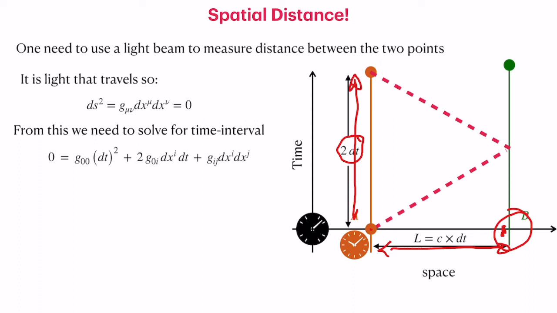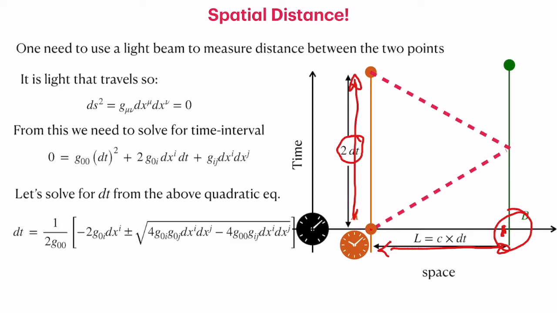Now we need to find dt, that is the time taken by the light. So we can solve this quadratic equation very easily. It is a well-known method. We get dt = 1/(2 g00) times [−2 g0i dx^i plus or minus the square root of 4 g0i g0j dx^i dx^j. Note how I have taken the square: I simply did not square g0i dx^i, as you would have written.